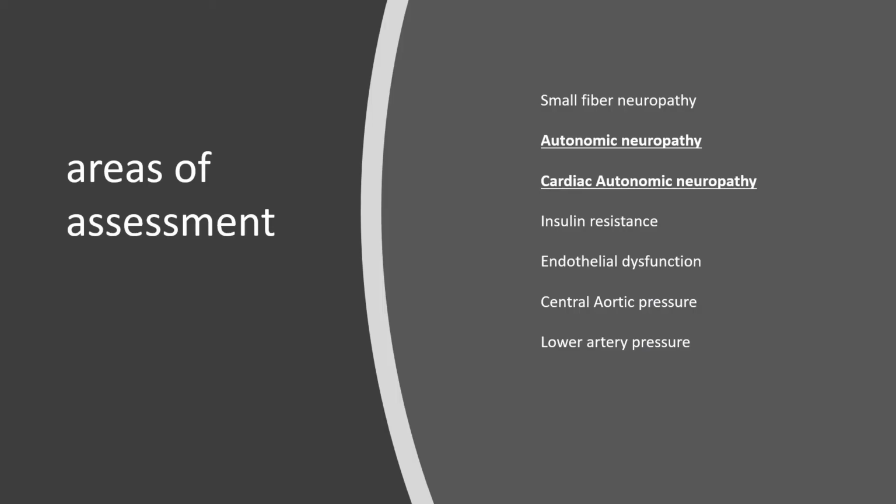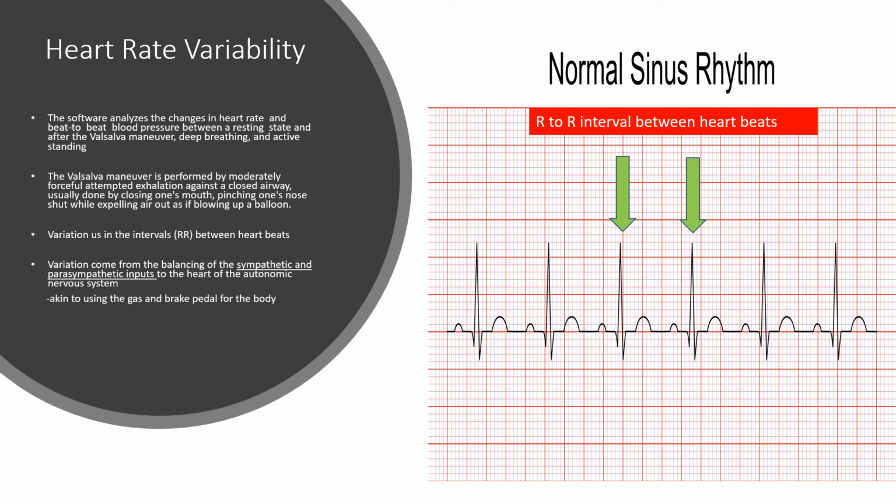Another area of assessment is the autonomic neuropathy and cardiac autonomic neuropathy. This is based on the heart rate variability as your heart beats. The software analyzes the change in heart rate and beat-to-beat blood pressure between a resting state and the Valsalva maneuver, deep breathing, and active standing.